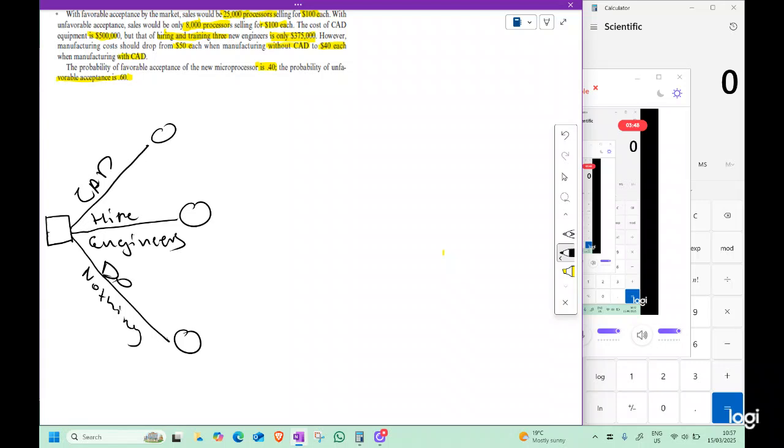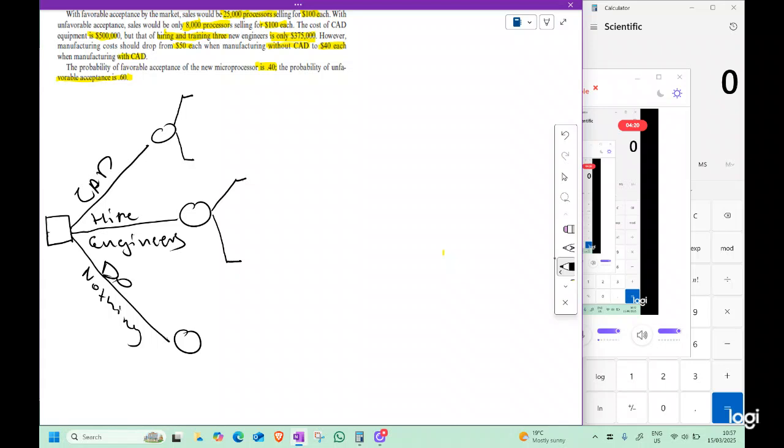Right. And then this one, the EMV is going to be 0.